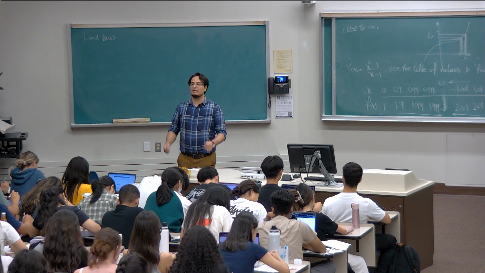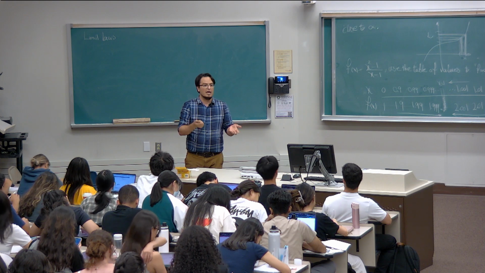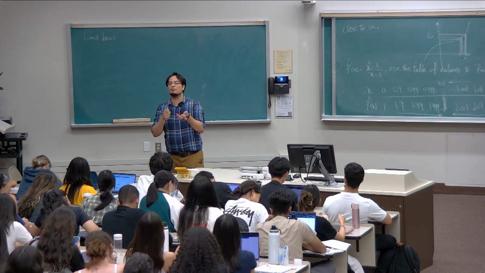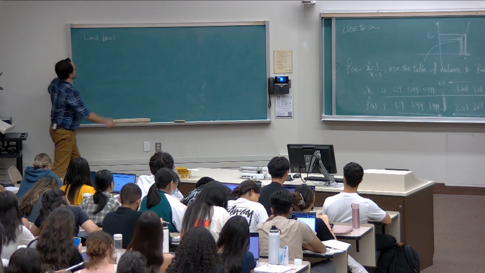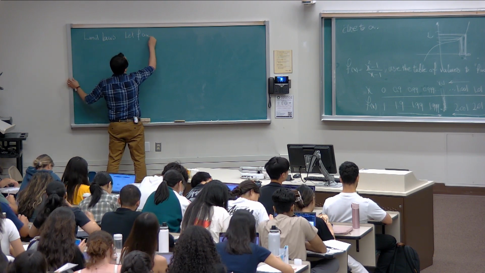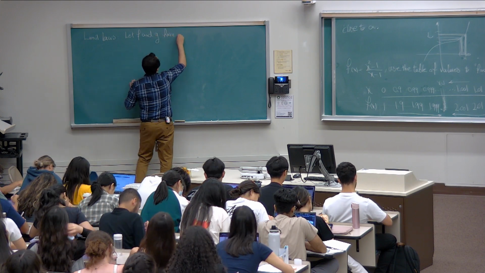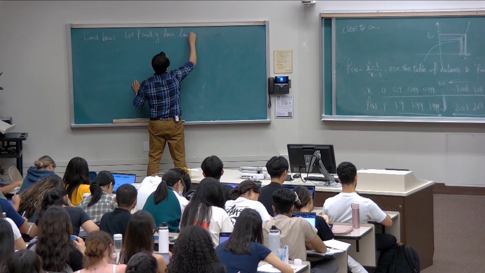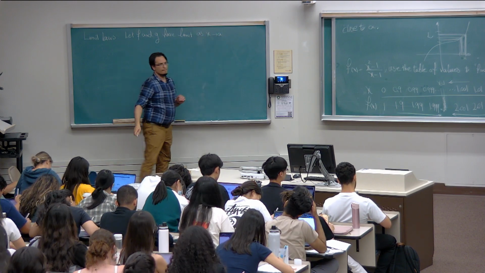You have to look at these things as power tools, and you want to learn how to use them. What are limit laws? I'm assuming that f and g have limits as x approaches a.